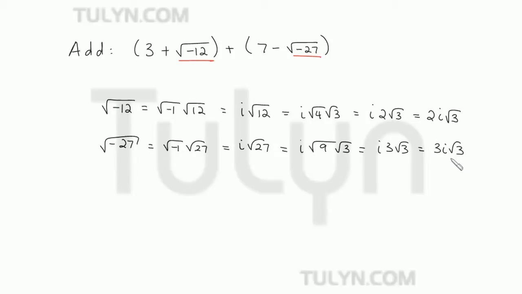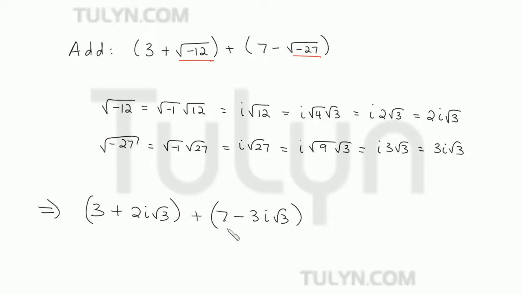So now let's replace these expressions in terms of i into the original sum. So we have 3 plus 2i square root of 3, and then plus 7 minus 3i square root of 3.